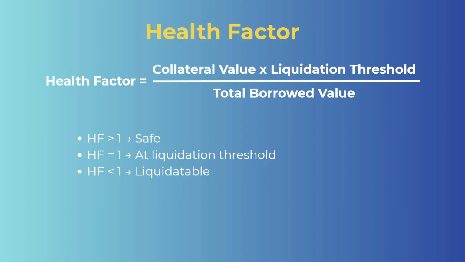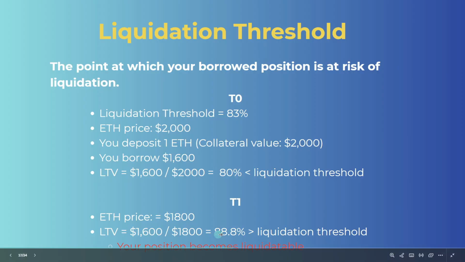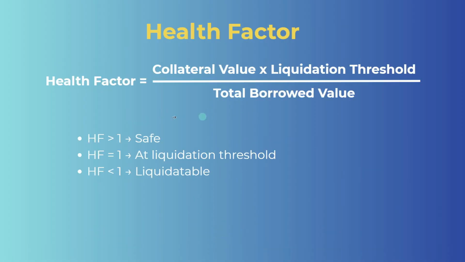It allows us to understand how safe our position is. If the health factor is greater than 1, we are safe. If the health factor is equal to 1, we are at the liquidation threshold, so we are at this threshold here at 83%. If the health factor is lower than 1, we are liquidatable.